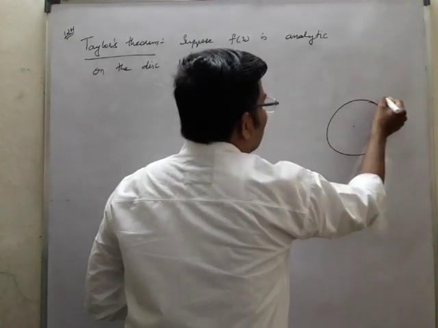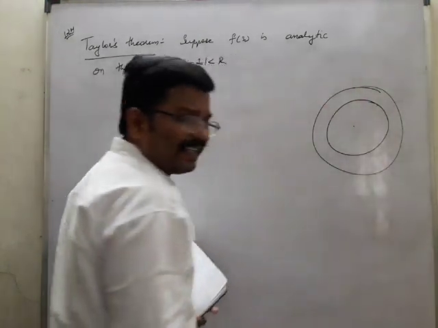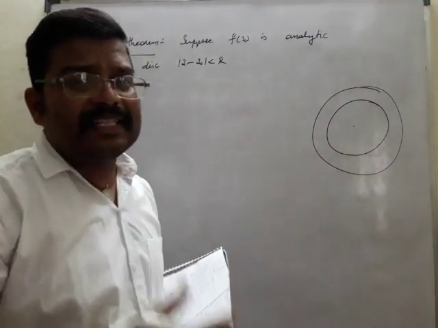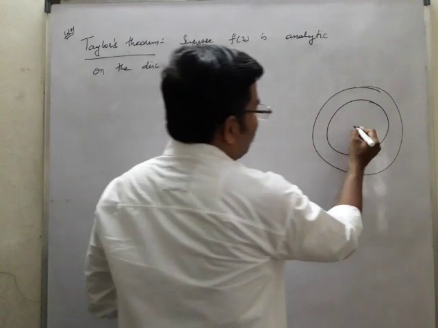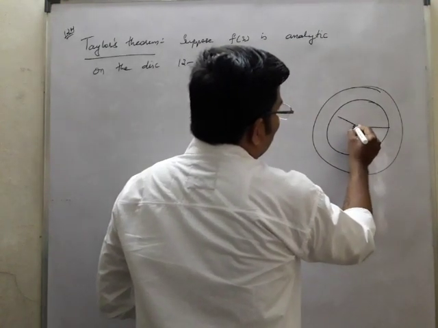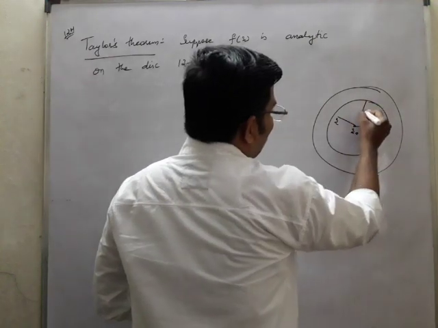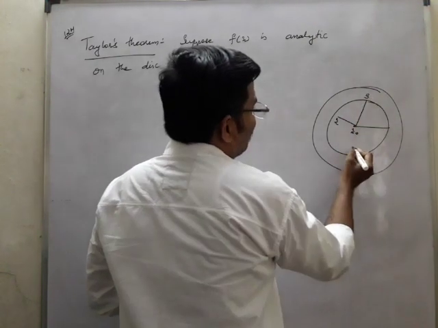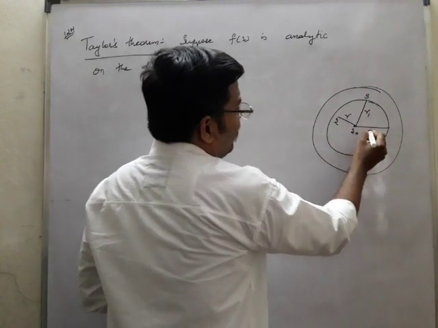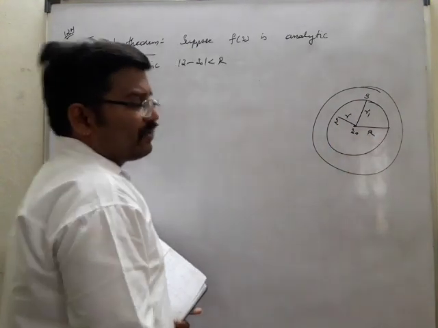This is the disk, and this is another concentric circle. Concentric means the center will be the same and the radius will be different. This is z naught, and I may take a point here, z. This is small r1, and this is capital R.